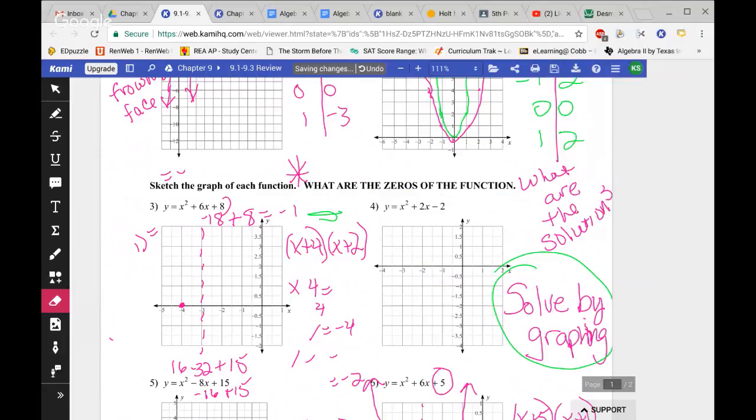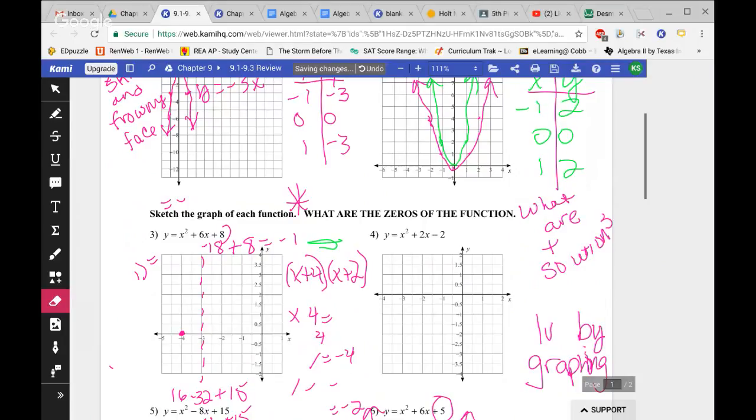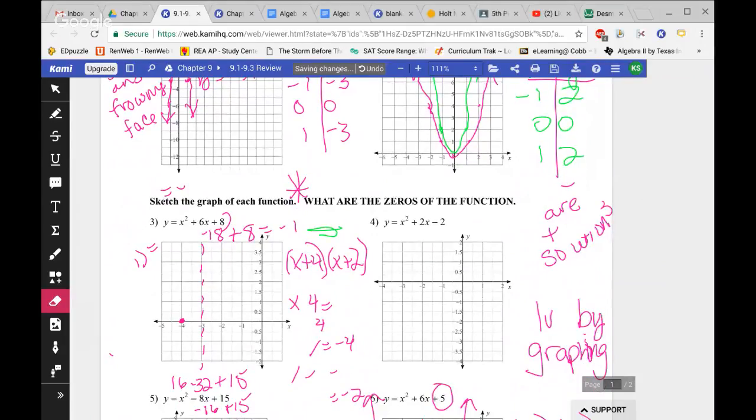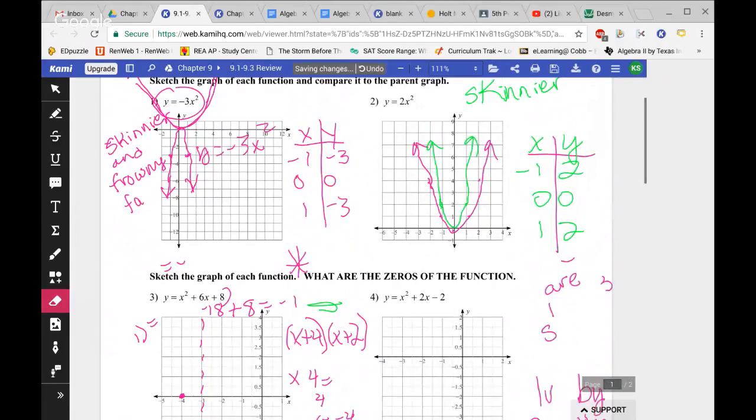And then the zeros of the function are going to be where it crosses the x-axis. I just feel like what I might have to do is actually make sure I have this in class tomorrow.